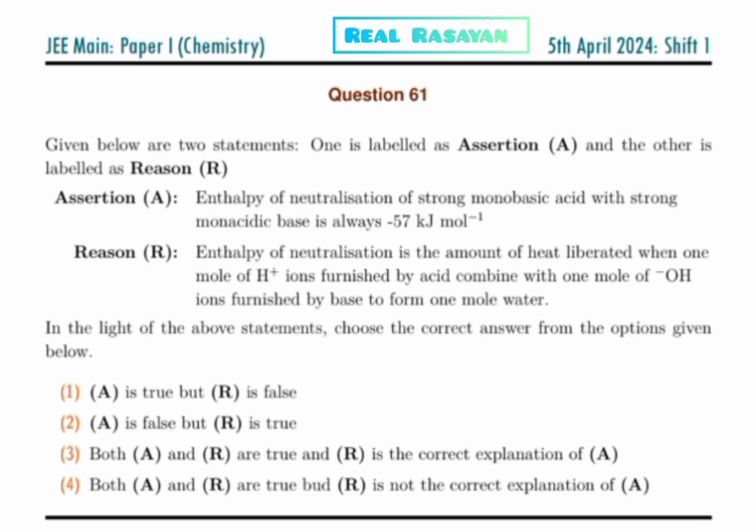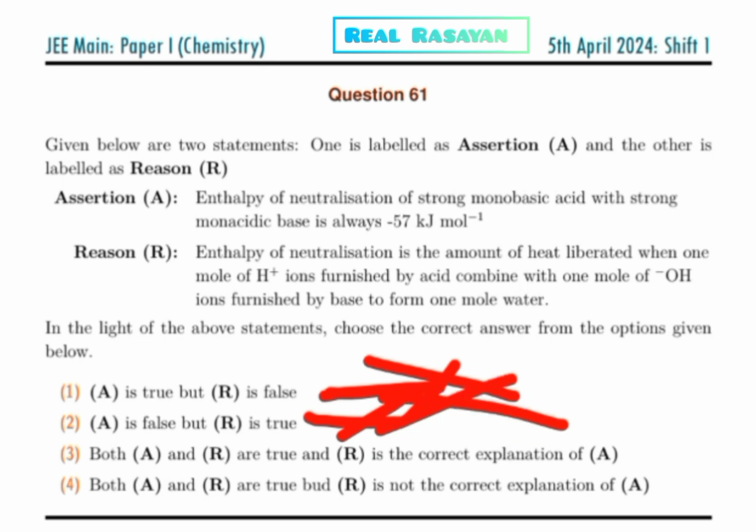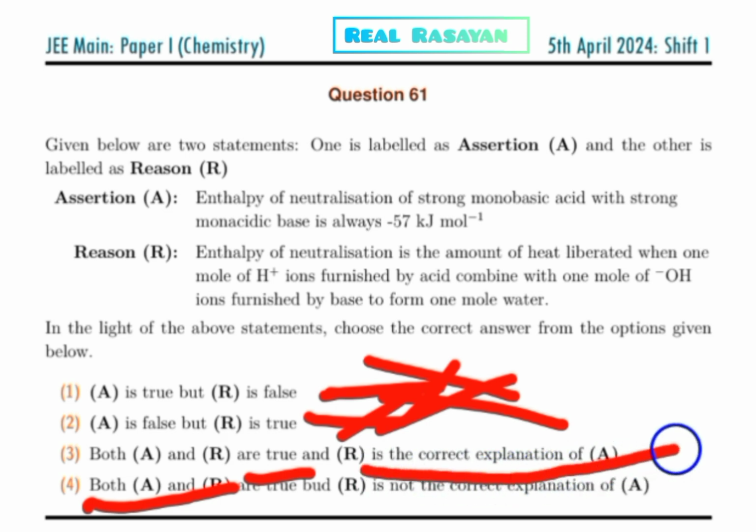Option: R is false here, so it will not be correct. A is false here, so it will not be correct. Both statements A and R are true, and the reason is the correct explanation of the assertion.